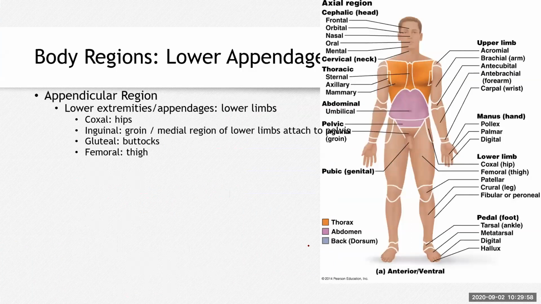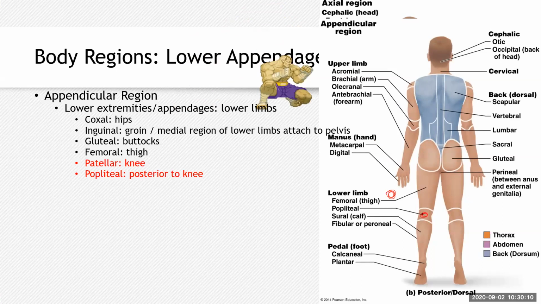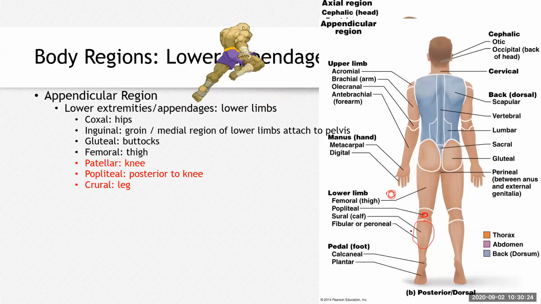Now let's go to the lower extremity. Patellar is the knee. However, if you look at the posterior side of it, then we have something called the popliteal. Yes, it's in the first module if you want to take a look at the lectures. Crural overall is the leg.